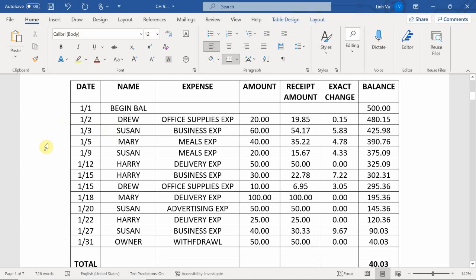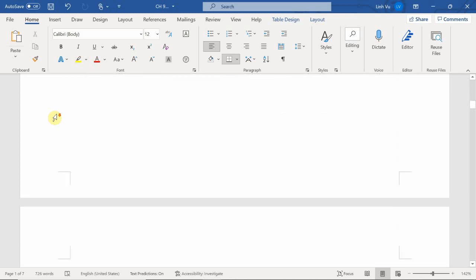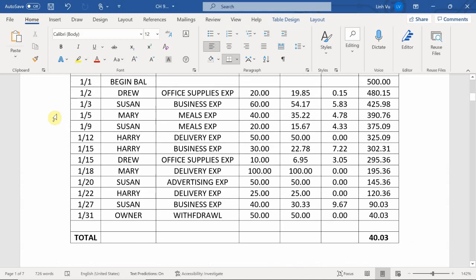Okay. Anybody else want to give a shot? So you would put them in their own little expenses, like office supplies expenses, meals expenses, business expenses. Correct.